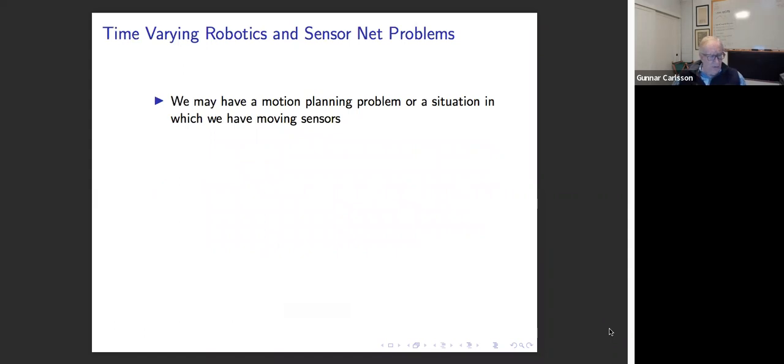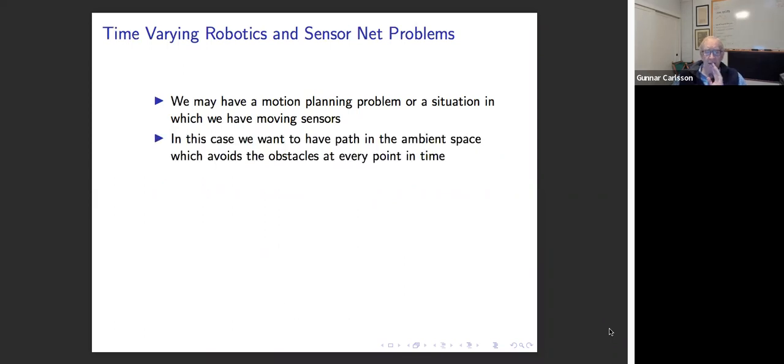Now, one thing that we might consider is a motion planning problem in which we have moving sensors. In this case, we want a path in the ambient space which avoids the obstacles at every point in time. So we'll formulate the problem in terms of spaces over a base.